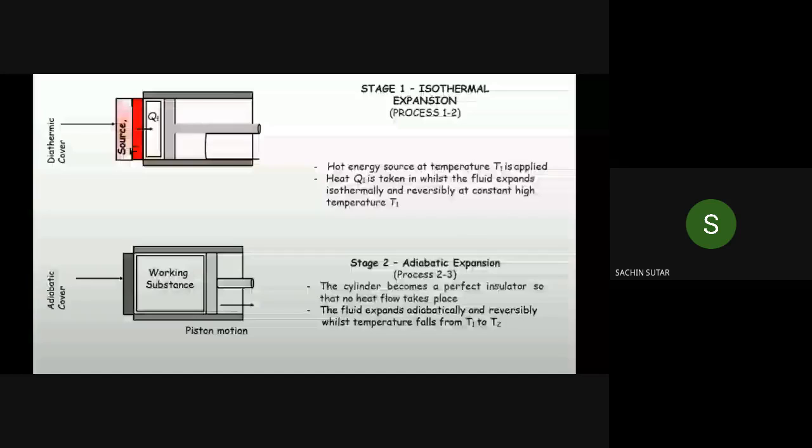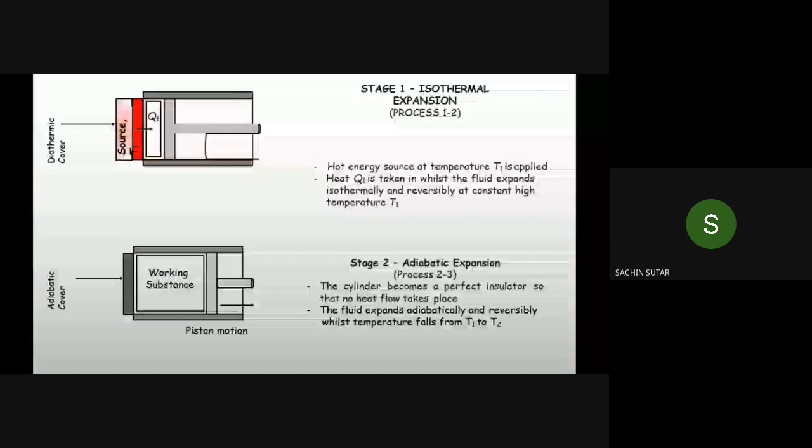Okay, so an adiabatic cover is there. The purpose is that heat will not flow from outside to inside or from inside to outside. Then stage 3 is there. Now to have the cycle, we have to come back to the original position.